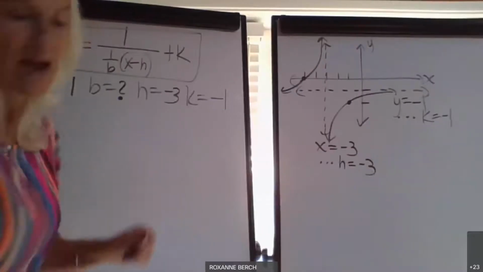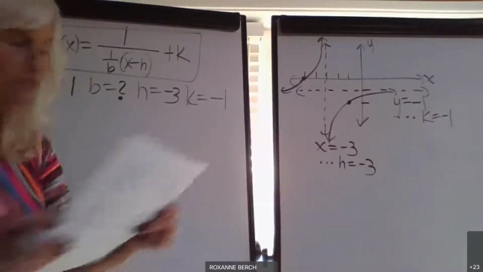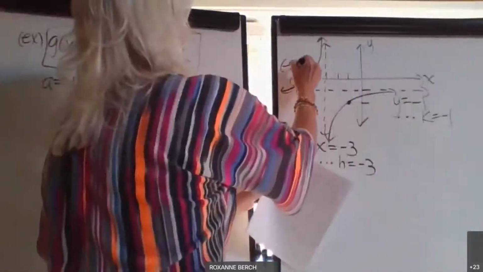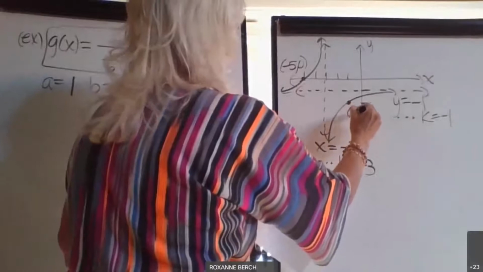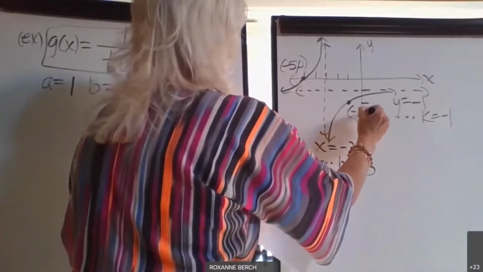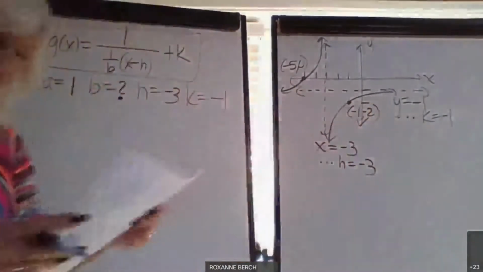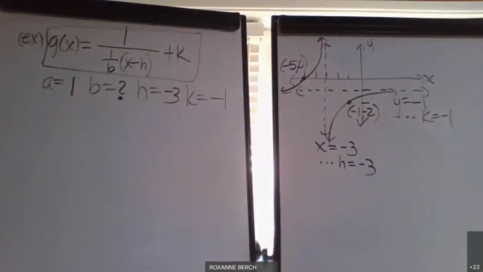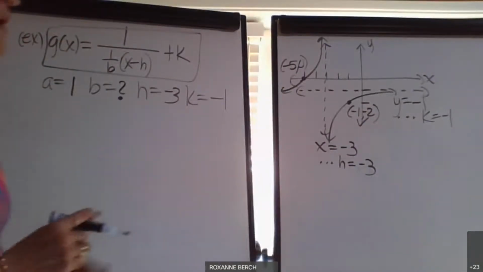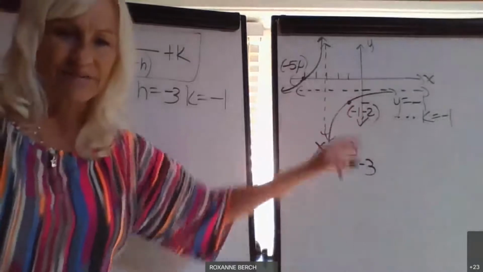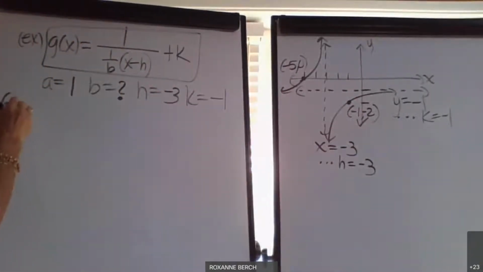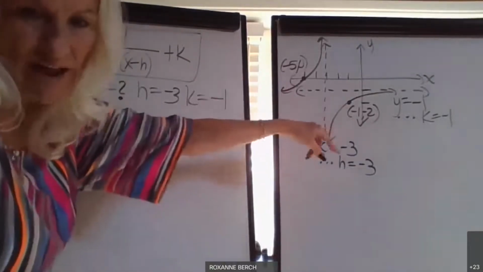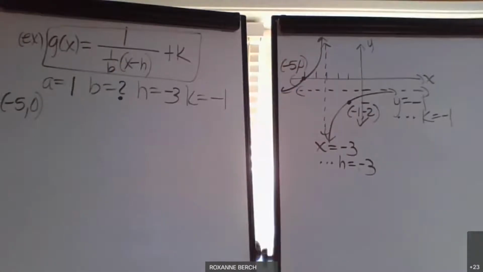So which point do you like? I need to mark the points. Okay, hold on. So this point was left 5, 0, and this point was left 1, down 2. Which one do you like? I don't know if I like all those negatives. We might be better with the left 5, 0. In my notes, I have the left 1, down 2. It's not nice.